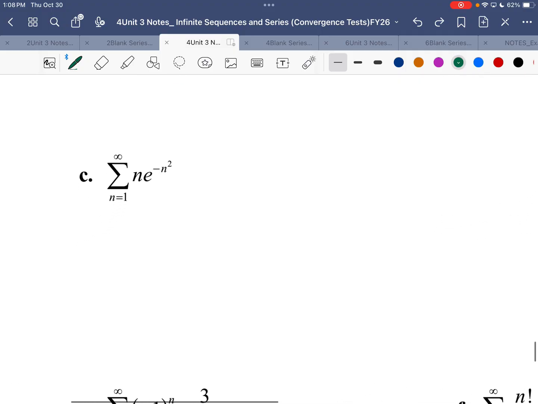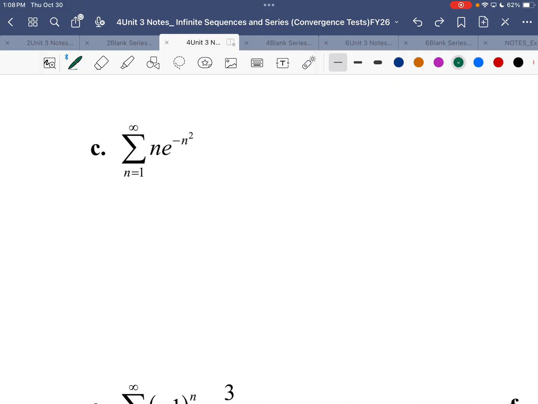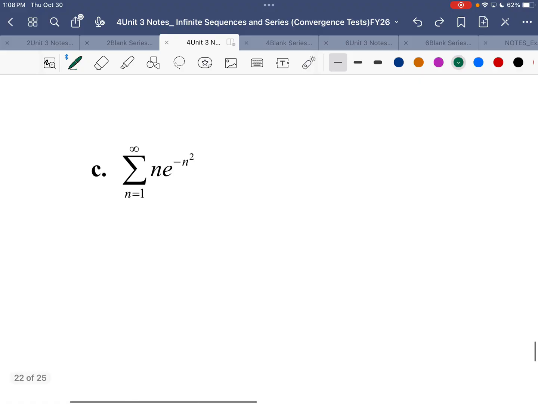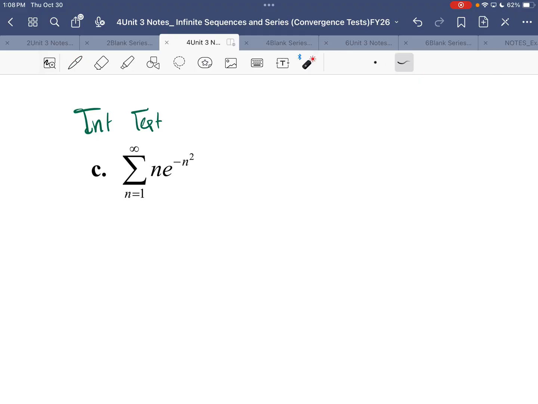Integral test. Let's do it just for the funsies. So we got, is it positive? Yes. Is it decreasing? Yeah, that denominator is very big. Is it continuous?